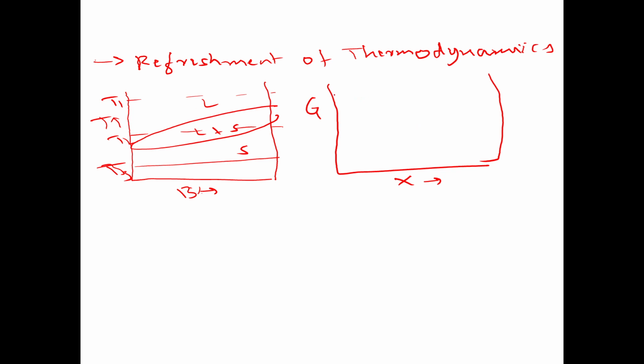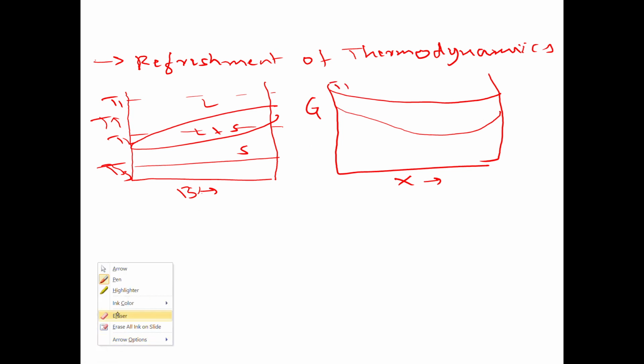In the liquid at T1 temperature, the liquid phase is stable. That's why it has the lowest Gibbs free energy. The solid phase will be like this. This is at T1 temperature.